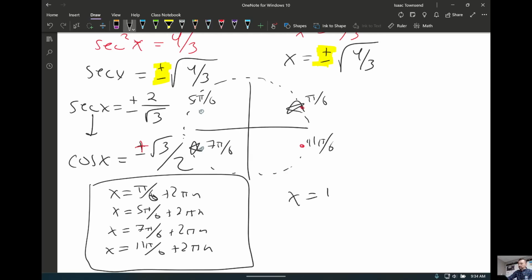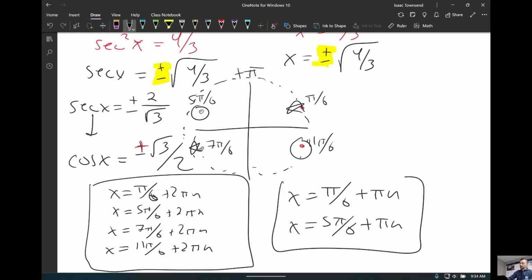So they probably just said you could do pi over 6 and then add pi to get 7 pi over 6 and then add pi to start getting coterminal ones. And you could do 5 pi over 6 to get this one. And then you could add pi to get this one and then add pi to start getting the coterminal. So this is probably how it does it in the back of the book, but the stuff on the left is equivalent to it.